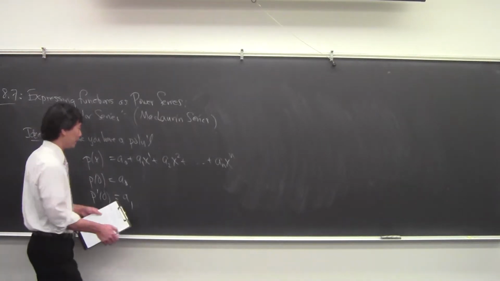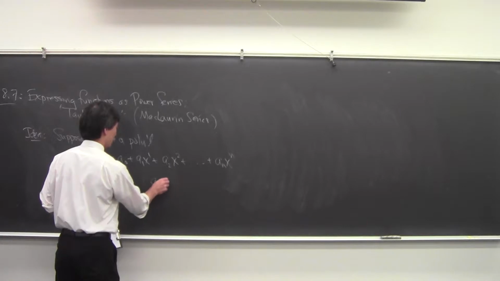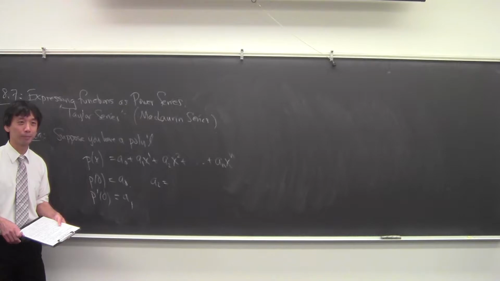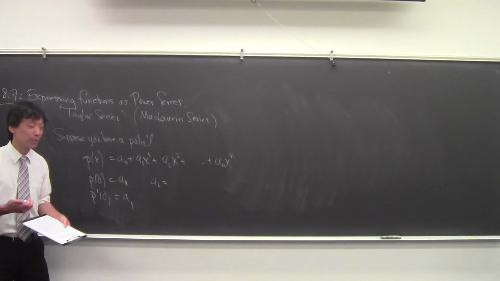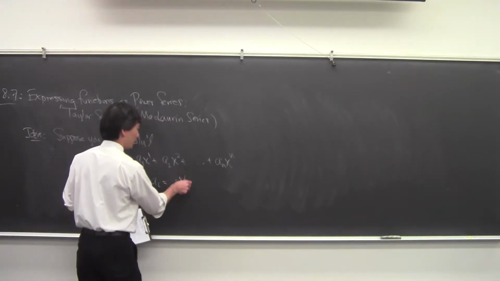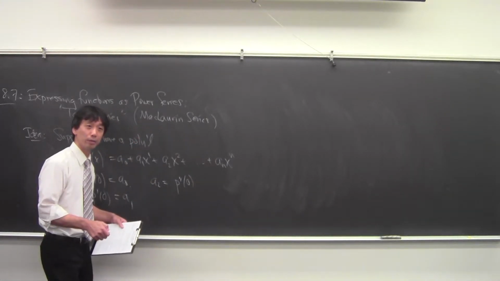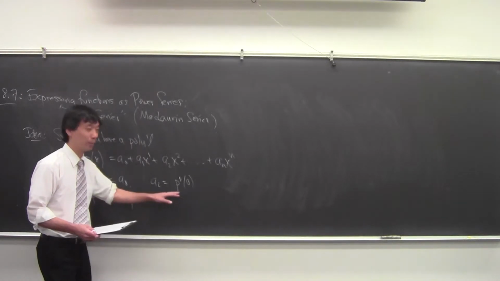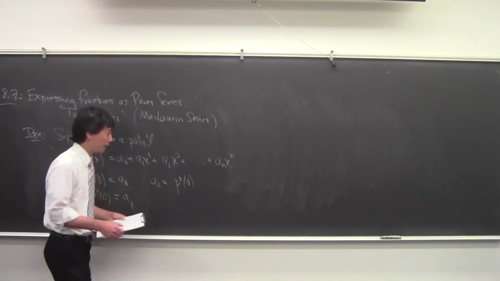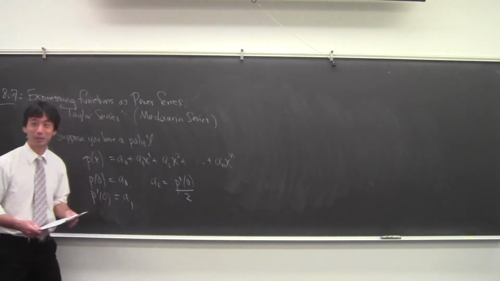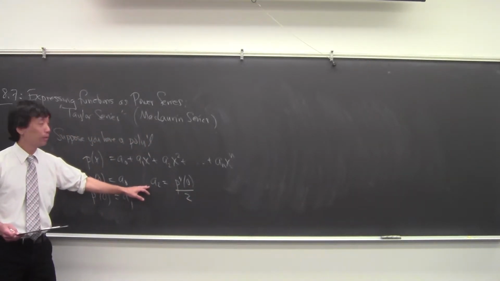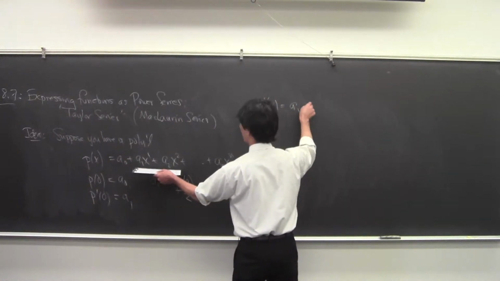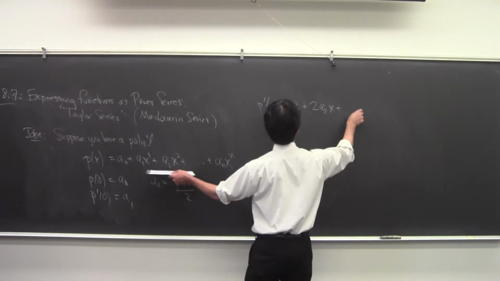And then what's a2 going to be? The second derivative, p double prime evaluated at 0. Is that it? Not quite. P double prime at 0, divided by 2. Because p prime is a1 plus 2a2x plus and so on.